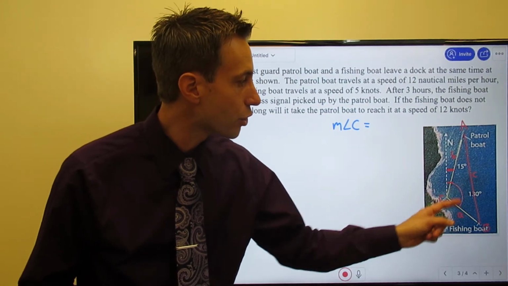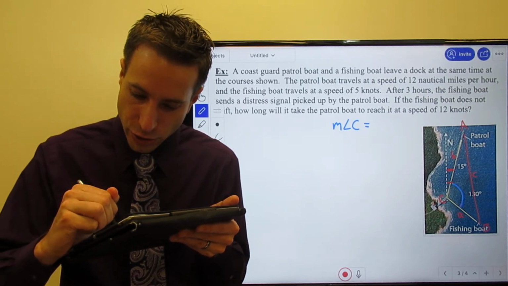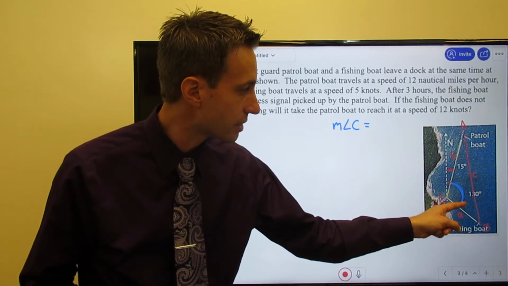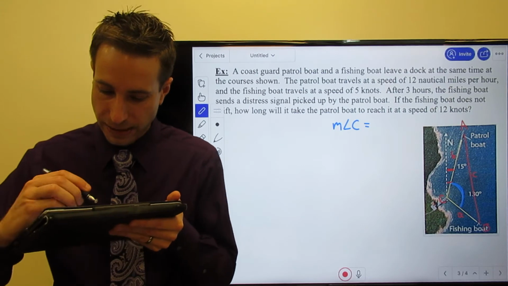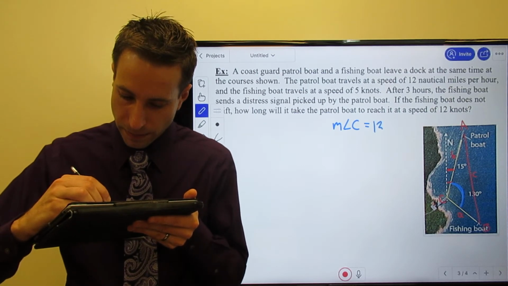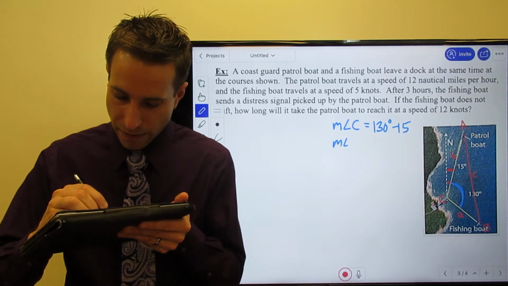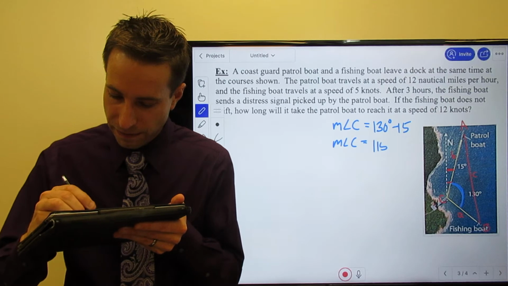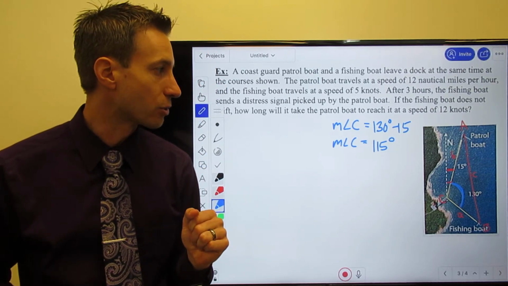So what is the measure of the angle that is just between the direction that the two boats went? The whole thing is 130. What's just this little portion? Well, I'd have to take 130 minus 15. So 130 minus 15, and we wind up with the measure of angle C equal to 115 degrees. Okay, great. So now we have the measure of angle C.